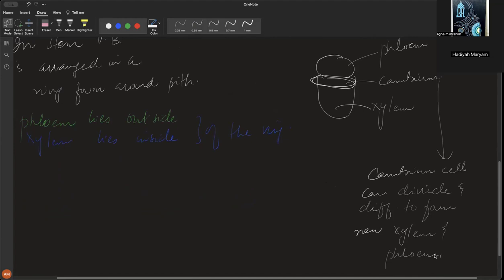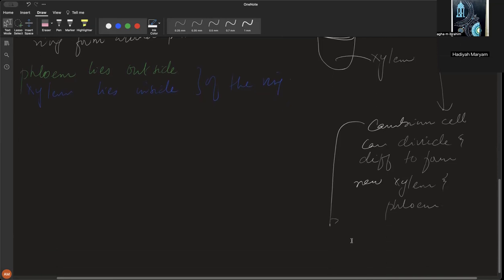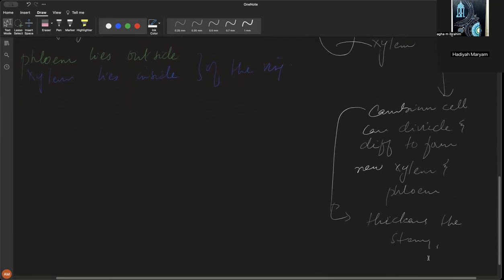All right. And these cambium cells are also responsible for thickening the stem. All right. Are you following, Adia?